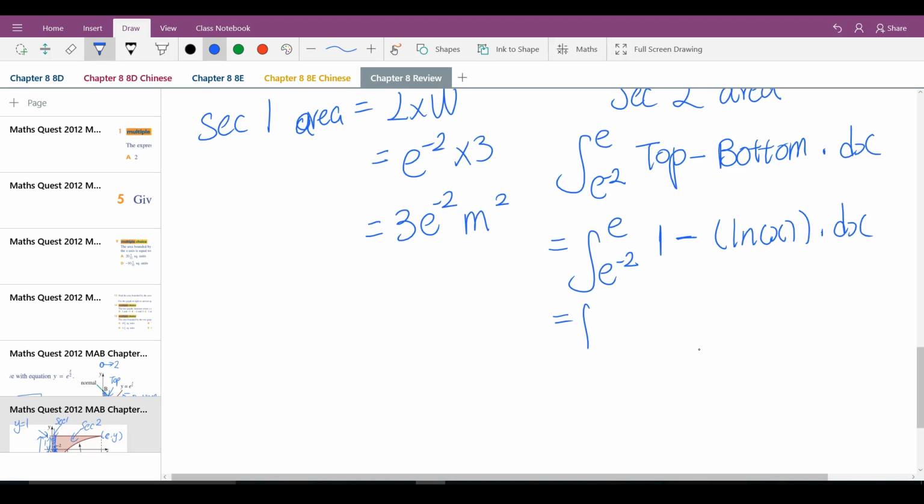All right, expand the bracket. It will be just 1 minus ln x, integrating with respect to x.